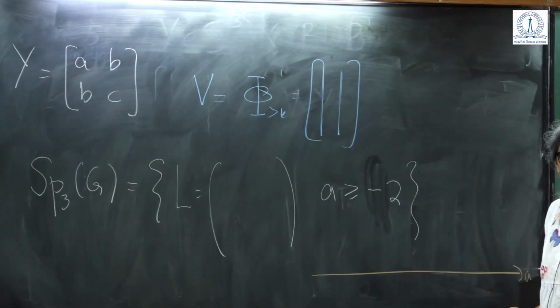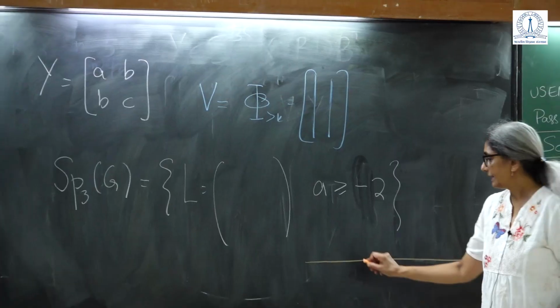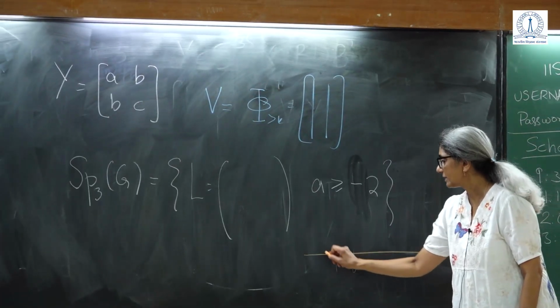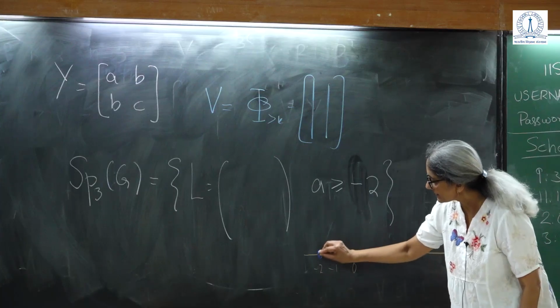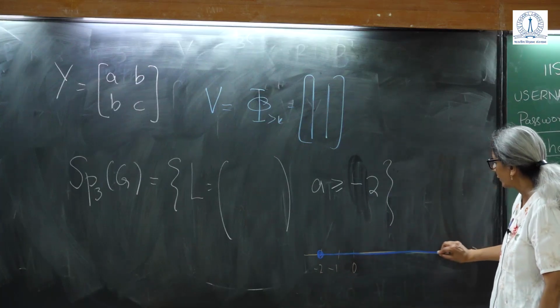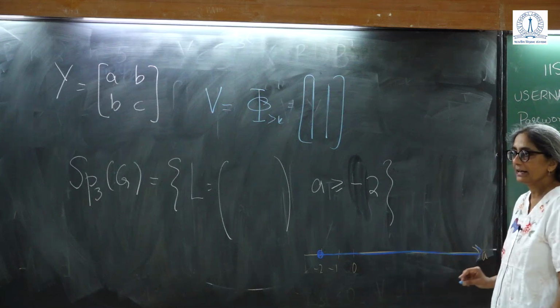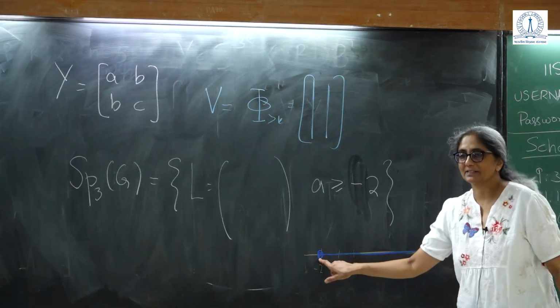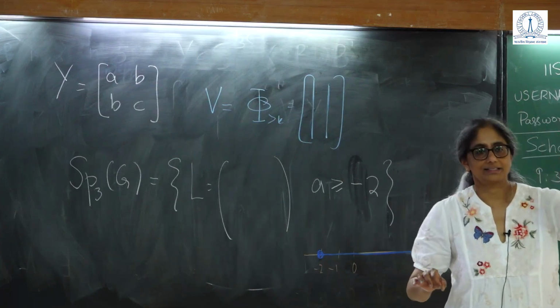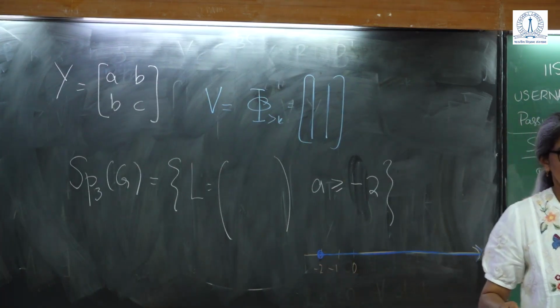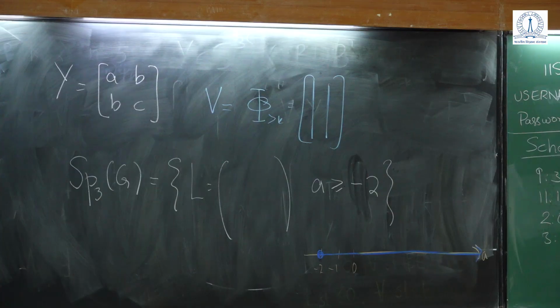It's one dimensional, right? And this is 0, this is 1, this is minus 1, minus 2. So it should be everything starting from here going forwards, okay? So what's the butterfly graph that corresponds to this dot, when A is equal to minus 2? Which edge will disappear?